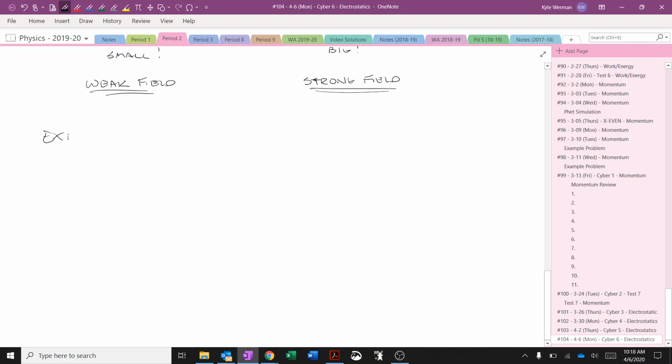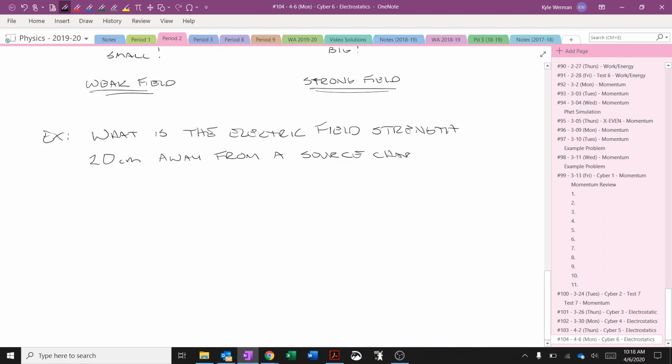So what is the electric field strength 20 centimeters away from a source charge of, and we'll make it a positive source charge, 60 nanocoulombs. So I'm going to leave you with that question here.